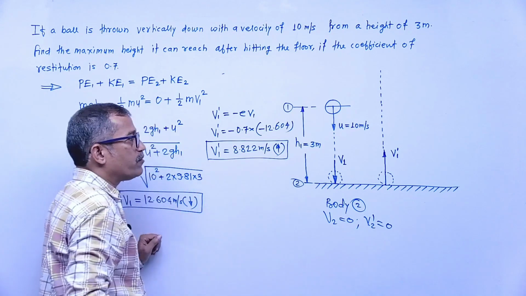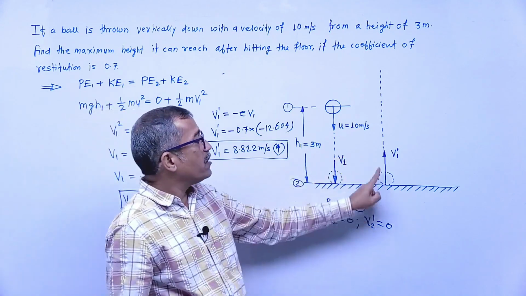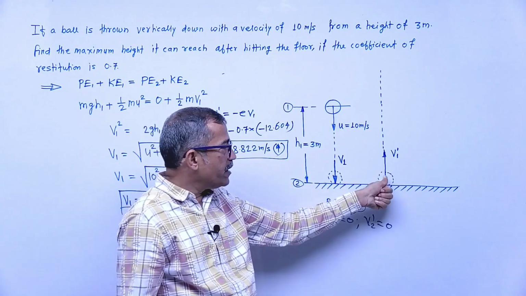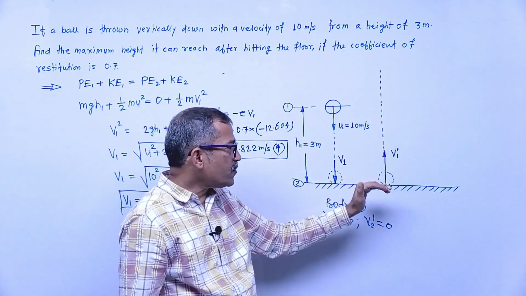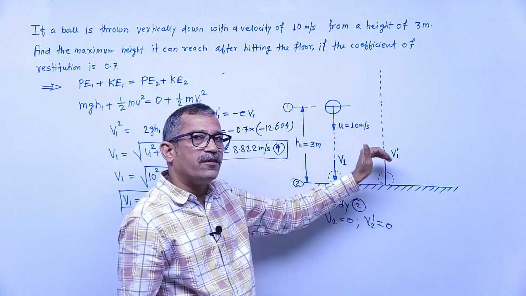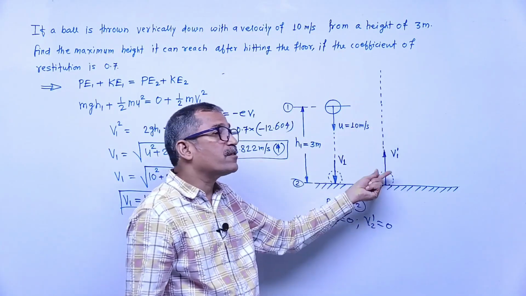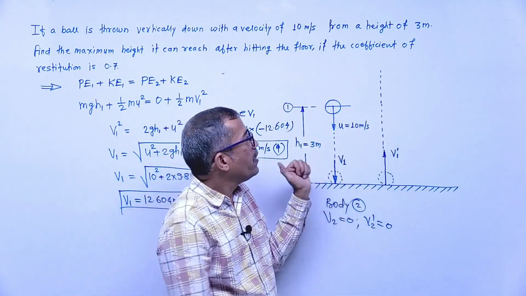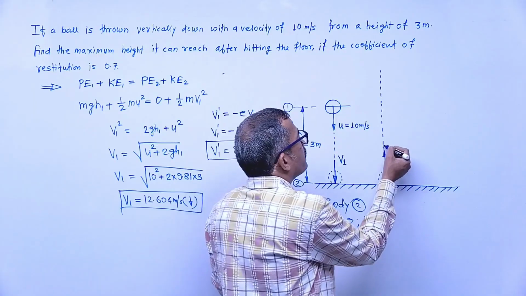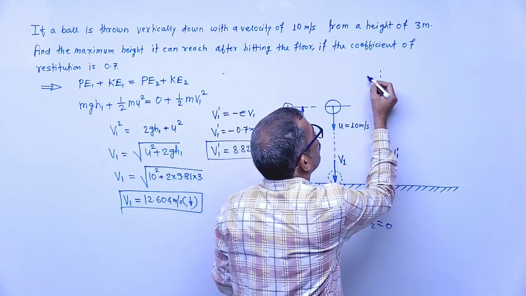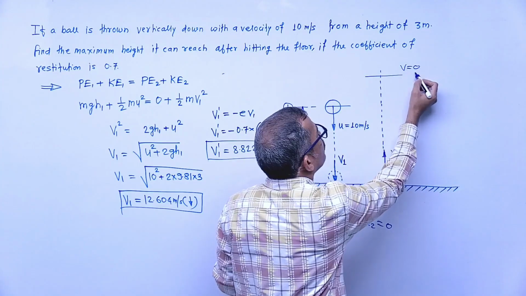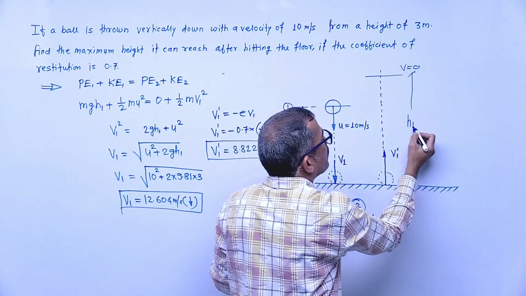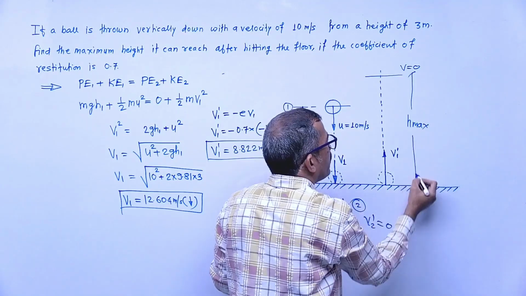Up to this step, any problem? Now when it rebounds, the height of the ball will increase, means potential energy will go on increasing, velocity will decrease, means kinetic energy gets converted into potential energy, velocity will go on decreasing, and finally somewhere velocity becomes 0. This height is H max.